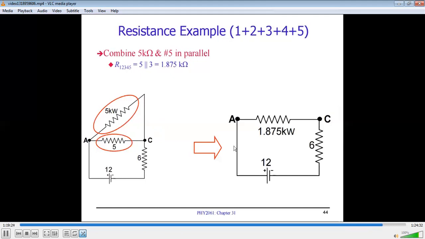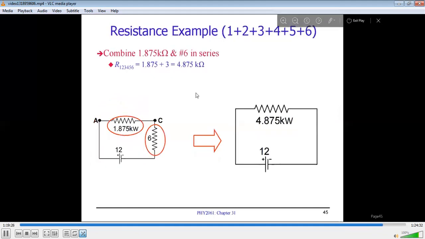This equivalent resistance with the sixth resistance is in series connection, so R123456 is the sum of these two: 1.875 plus 3 equals 4.875 kilo ohm. So many resistances here, but they transform to a single resistance, with potential difference or EMF equal to 12.